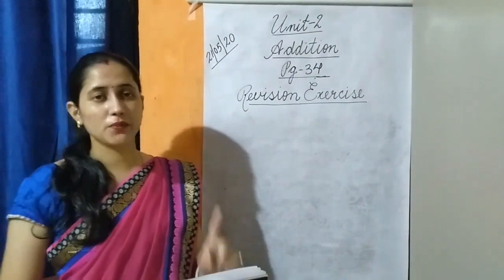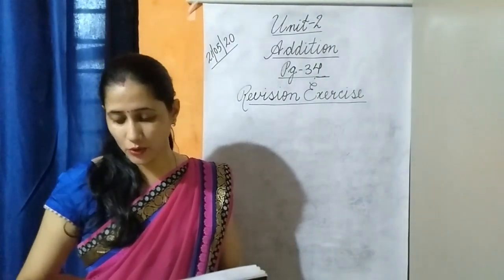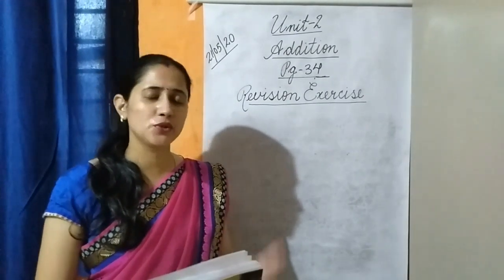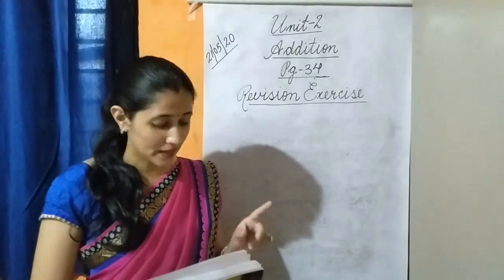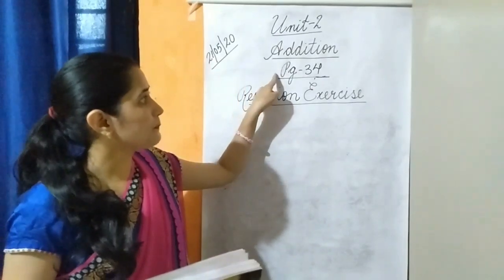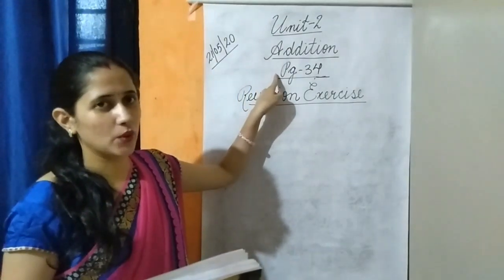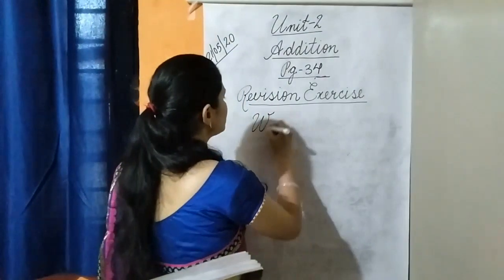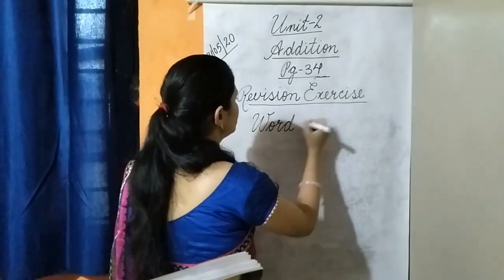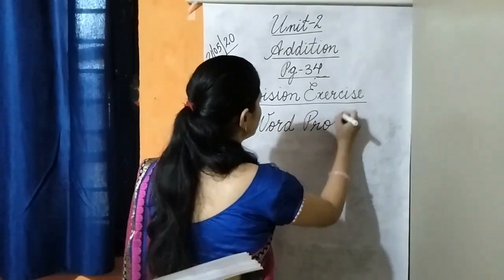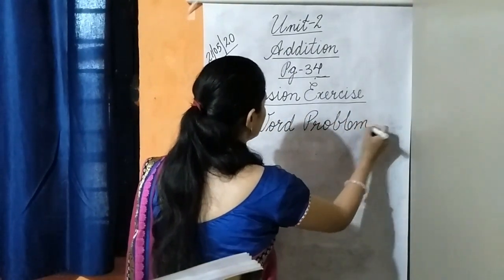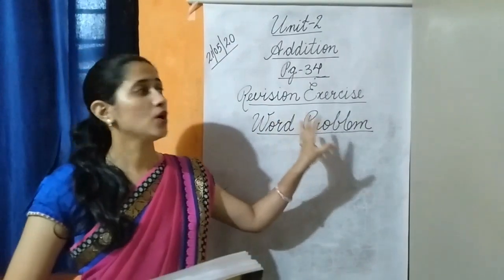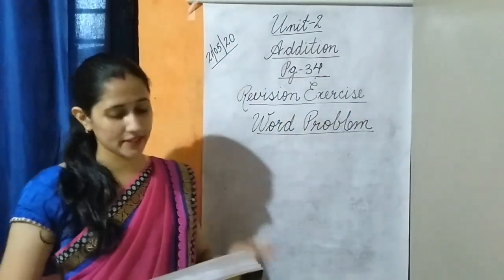In unit 1 also, when we were doing word problems, I told you that in class 3 you don't need to write the question. You will see the question from your book only, but mention the page number, exercise and the heading word problem. These things you have to mention on that page in your copy, and the date as well.